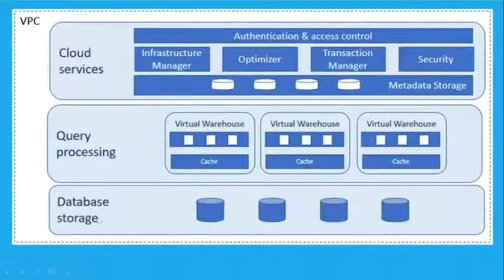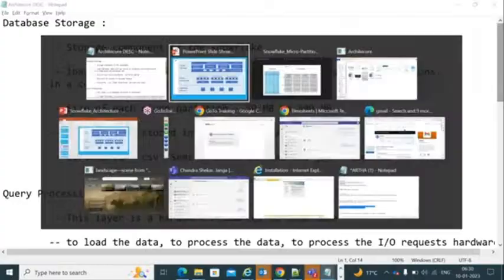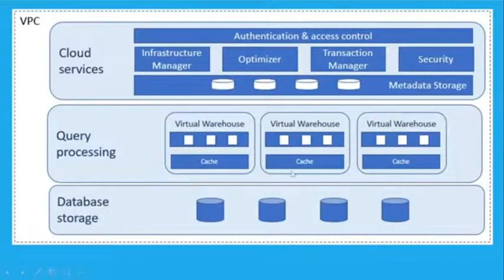We are done with the database storage layer discussion, and then we'll go to the query processing layer. The database storage layer is important in your Snowflake, and this query processing layer is also very important. In a single word, this query processing layer is the virtual compute warehouse.